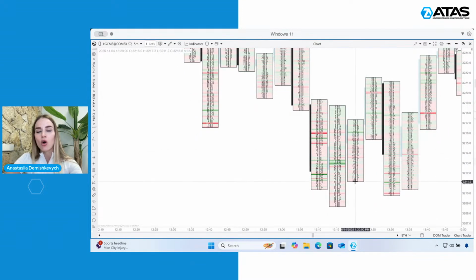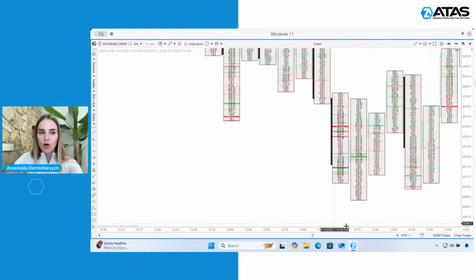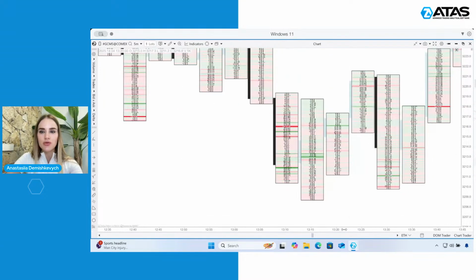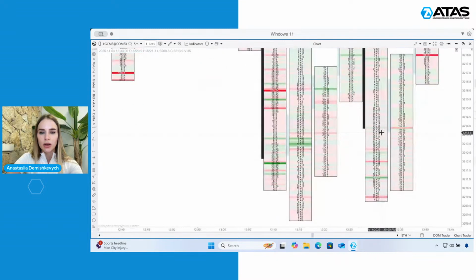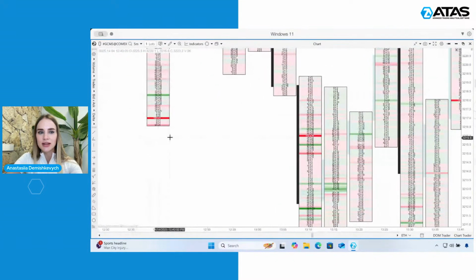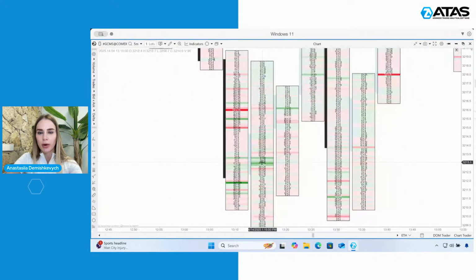That's a sign of large buyers entering the market and the large sellers potentially getting stuck. So you will be looking for the transfer of power from aggressive sellers to aggressive buyers.